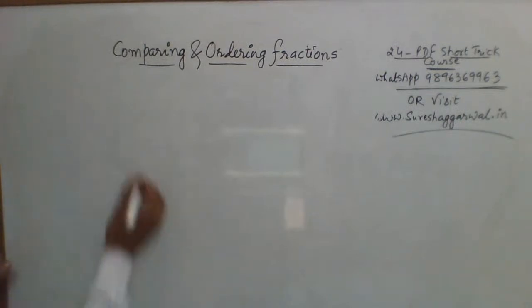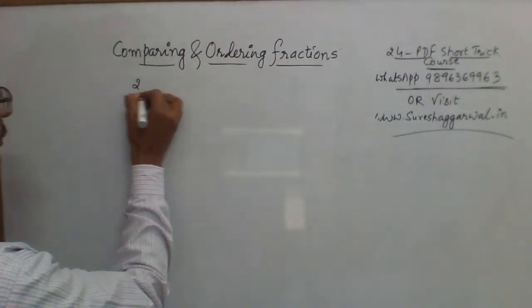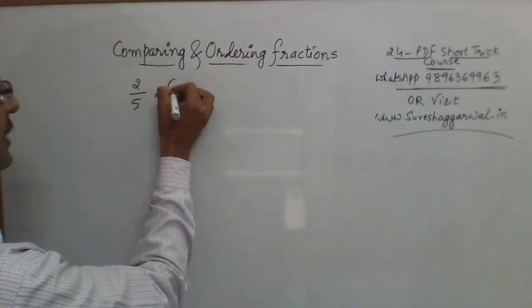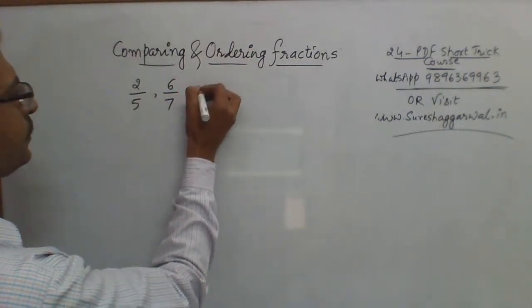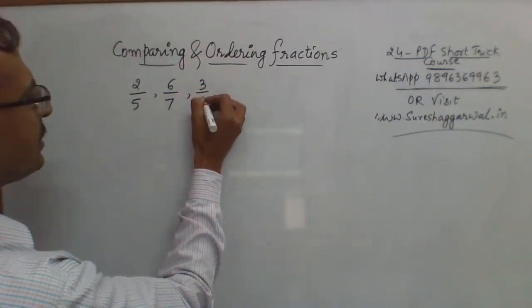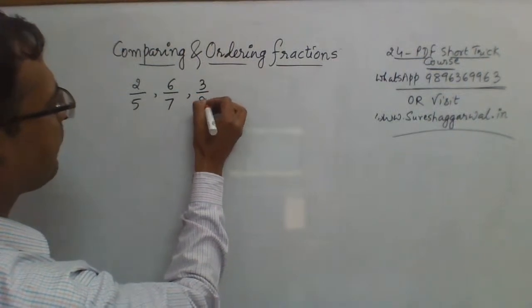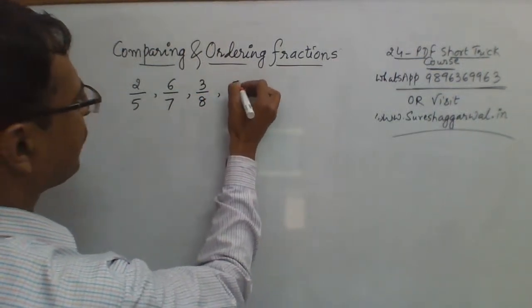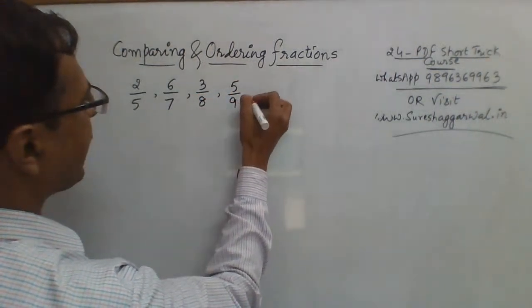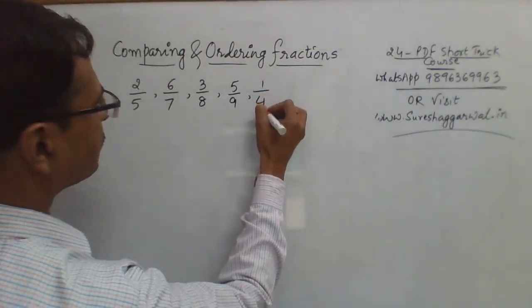The question is, I'm giving you five fractions: 2 upon 5, it's an easy one, 6 upon 7, 3 upon 8, 5 upon 9, 1 upon 4.